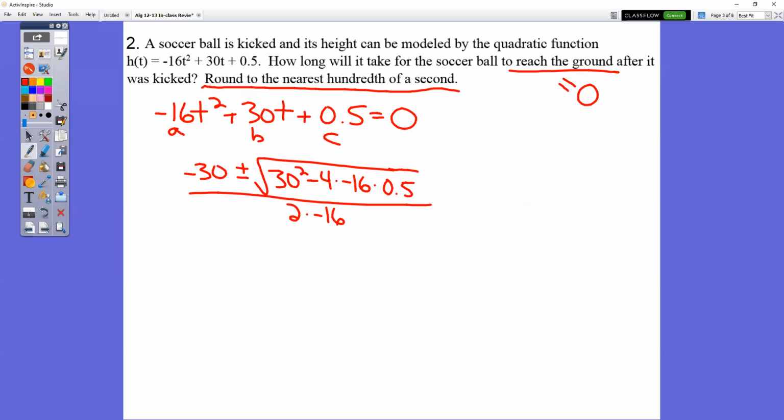Again, in a question like this, you want to reject the negative because you can't have negative time.